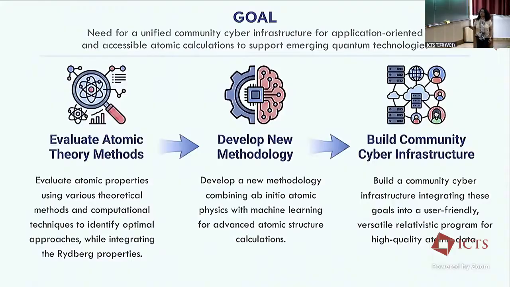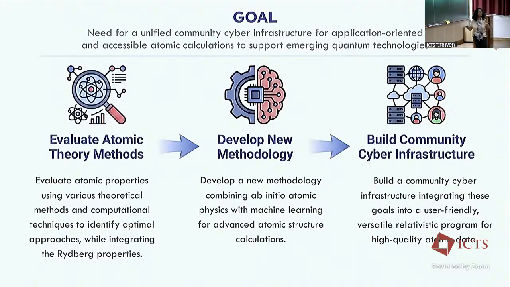And also on the way, we plan to develop new methodologies by combining our ab initio atomic physics calculations with experimental results and perhaps with machine learning as well, so that we can develop advanced atomic structure calculations.